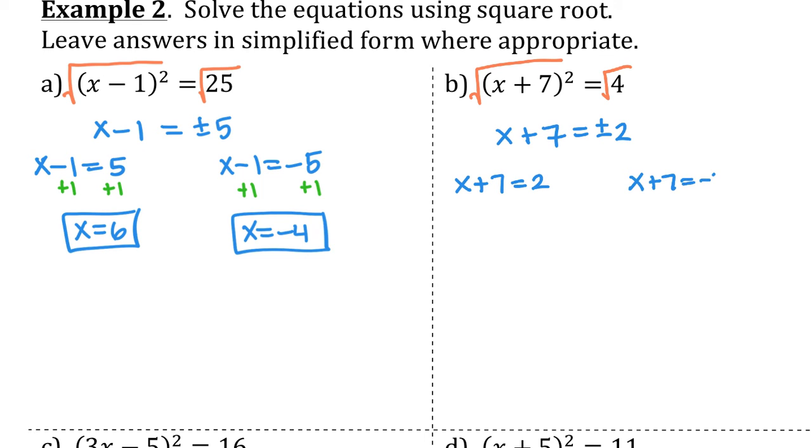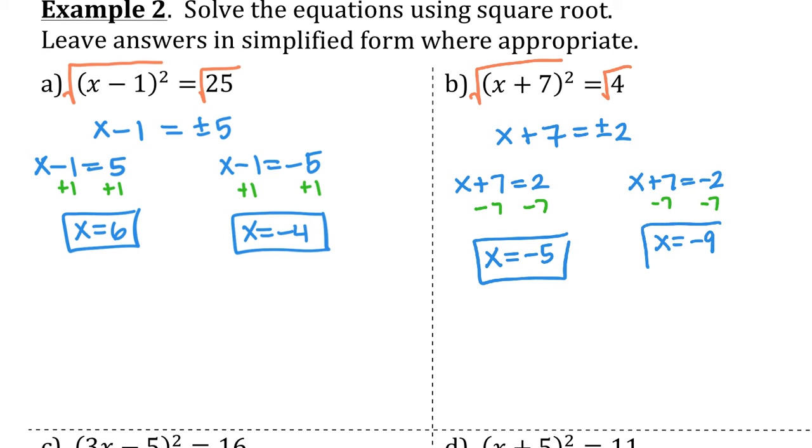And then I'm going to solve it both ways. It's x plus 7 could equal positive 2, or x plus 7 could equal negative 2. If it's plus 7, I will minus the 7. And I get x equals negative 5 for one of my answers. Minus 7, I get x equals negative 9 for my second answer.